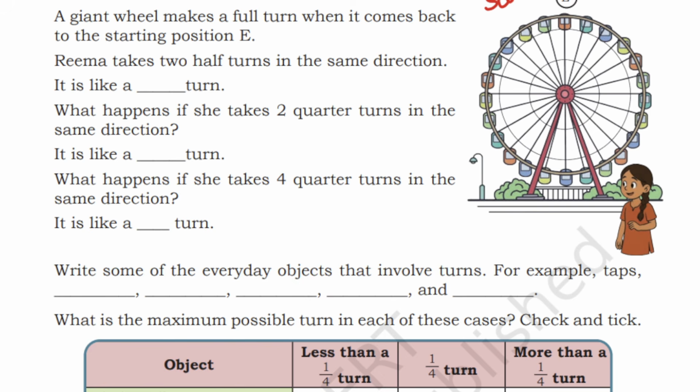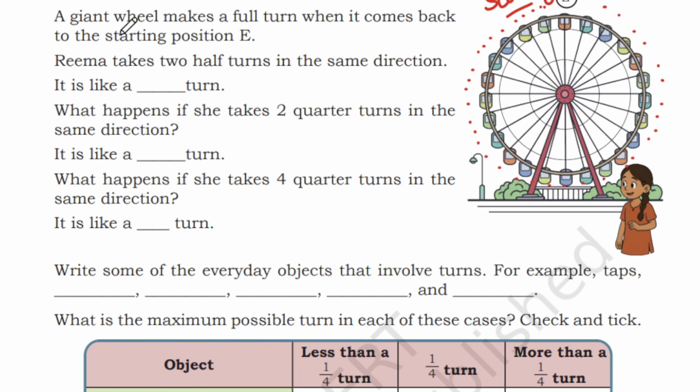So I'll make this as starting. Once the giant wheel started, it is going to rotate. It will be rotating, and once it reaches the point E, one full turn is getting over.